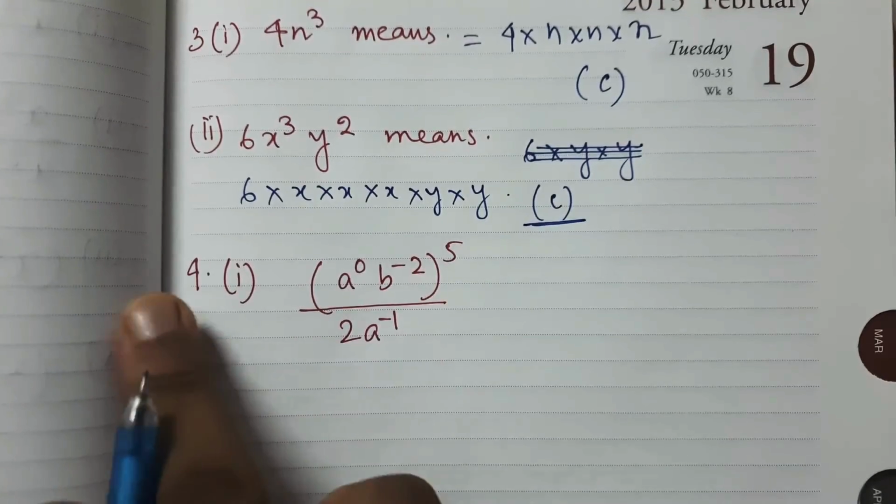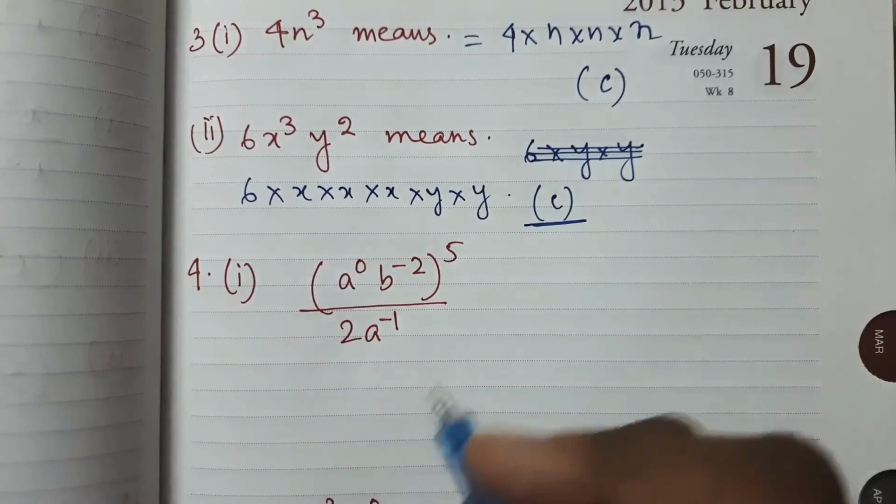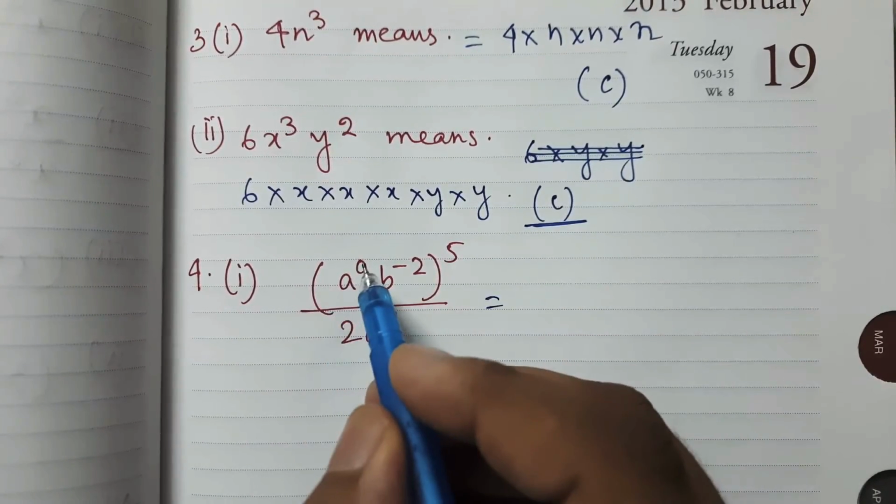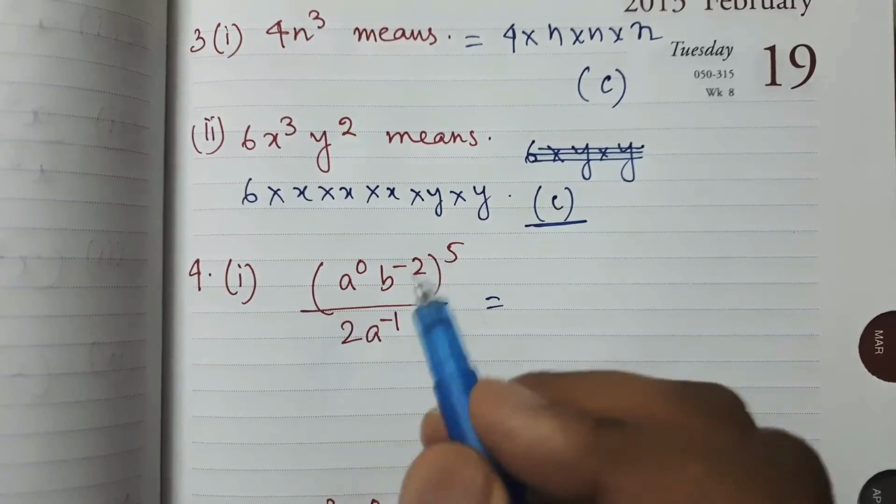Okay, now this is problem number 4, part 1. Now whenever you see zero exponent, you put 1 first.